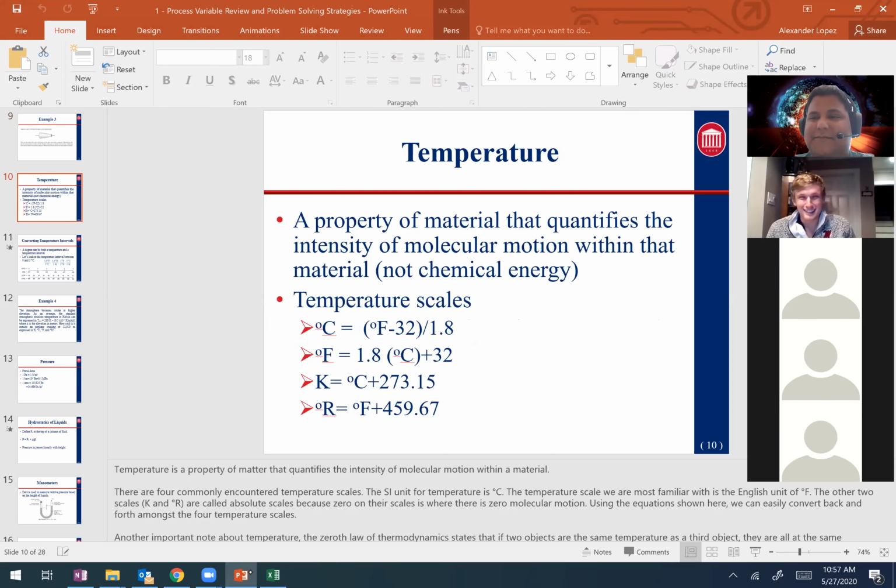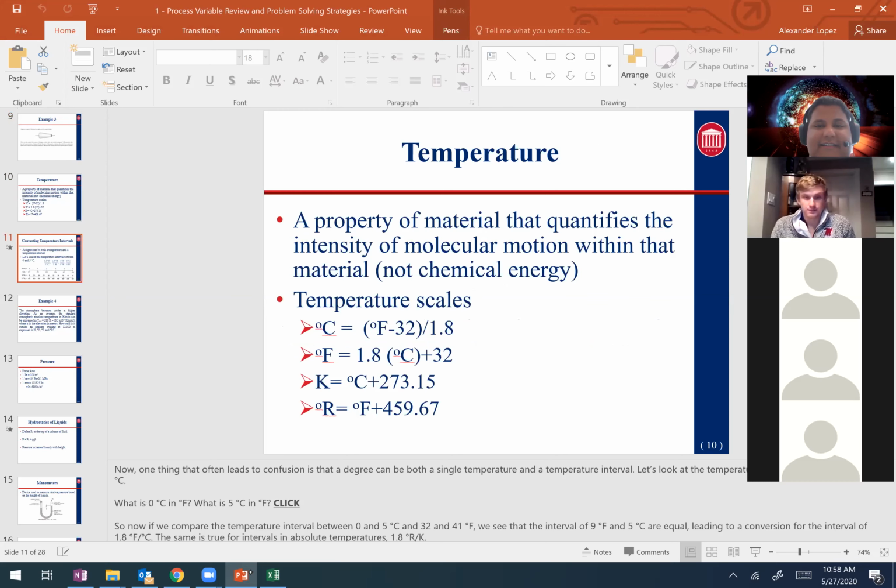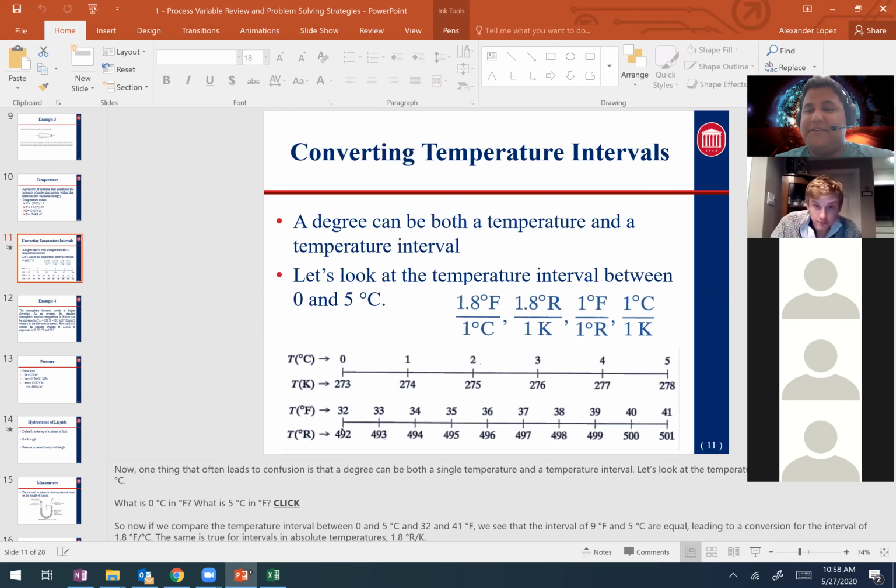So, a key process variable: temperature. It quantifies the intensity of molecular motion. The things I want you to be comfortable with are knowing the various temperature scales, how to convert between them, and understanding the difference between a temperature degree as an absolute value and as a temperature interval.